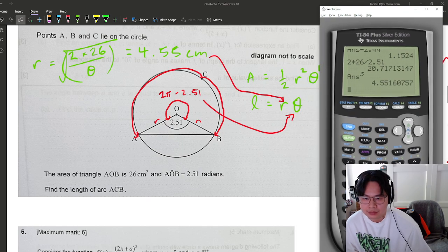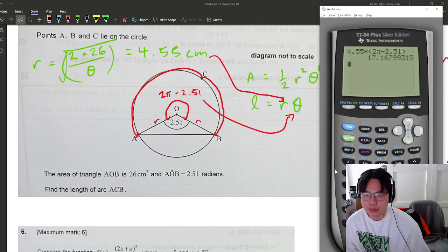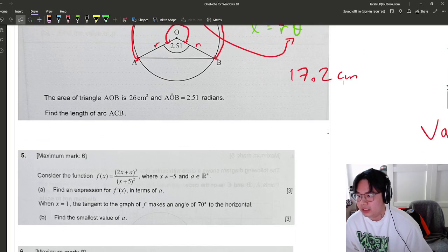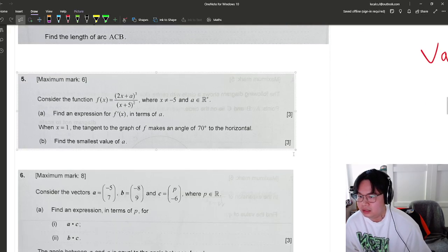So 4.55 times 2 pi minus 2.51 is 17.2. Okay, easy peasy.